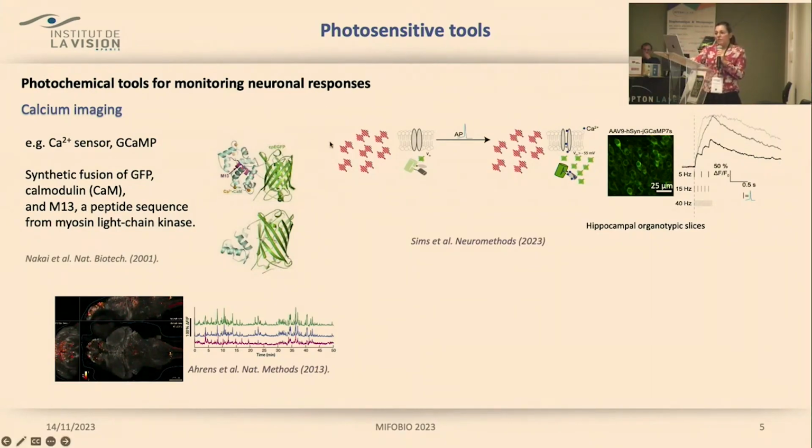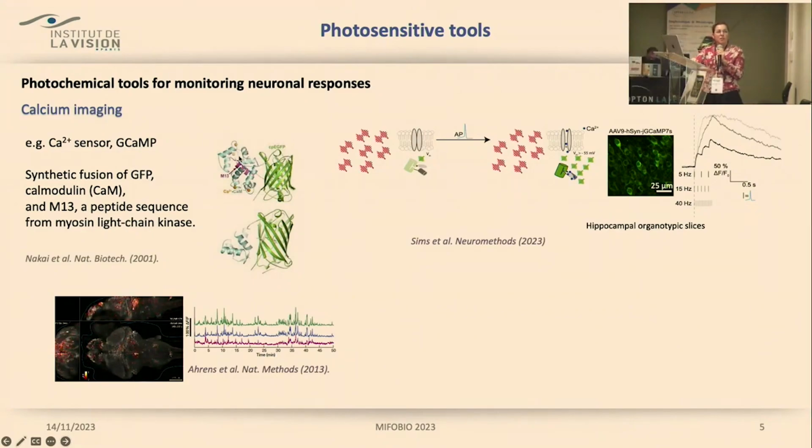And well, in calcium imaging, you had a talk on functional imaging at the beginning of Mifobio, so I hope you all followed that. I won't get into the details, I won't have the time, but briefly, these are proteins that are tagged to GFP.